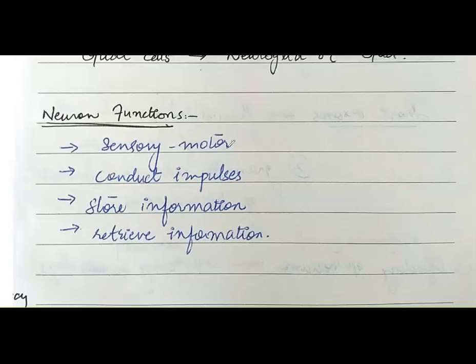The function of neurons is that the sensory part gives the stimulus, and the motor neurons are responsible for the response. Then you perform the reflex action. They conduct impulses, they store information, and they retrieve information.